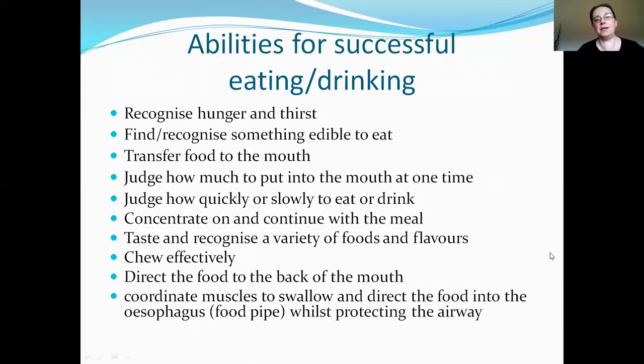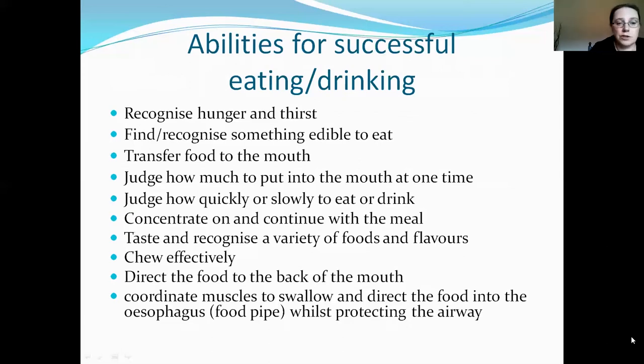Okay, so what do we need for successful eating and drinking? So you've got to recognise at first that you're hungry and you're thirsty. You've then got to be able to find and recognise something that's edible to eat. You've then got to be able to transfer that food from your mouth. You've got to judge how much to put in the mouth at one time, judge how quickly or slowly to eat or drink.